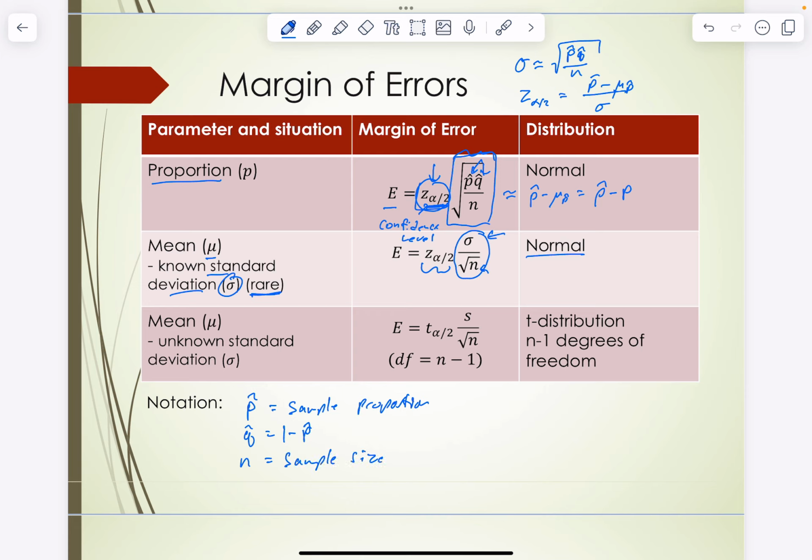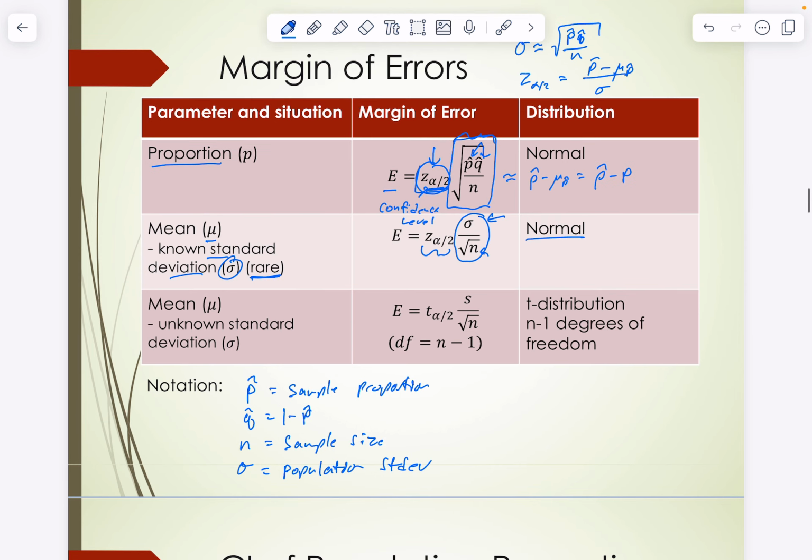It's all about this sample. Sigma is the population standard deviation. What else is there? Okay, nothing more yet.